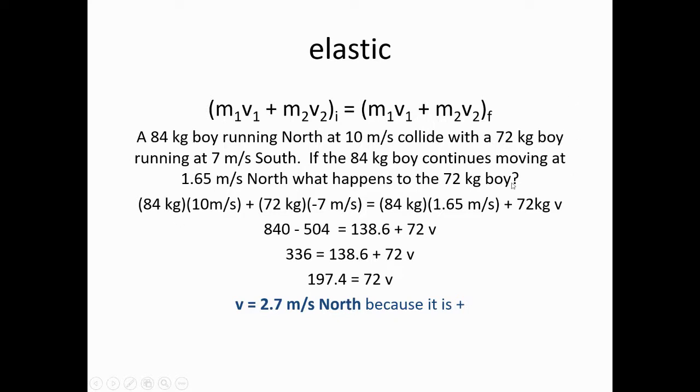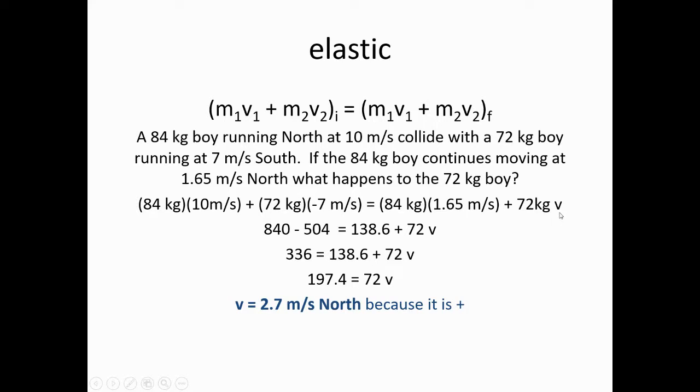All right, put your numbers in. Now, if one's running north and one's running south, we would have to say north is positive, south is negative. So if you look over here, 7 is negative, right? It's south. And then you have 1.65 continues on after the collision, so that's positive. We want to know what happened to the 72 kilogram boy, and the 72 kilogram boy gets knocked backwards at 2.7.